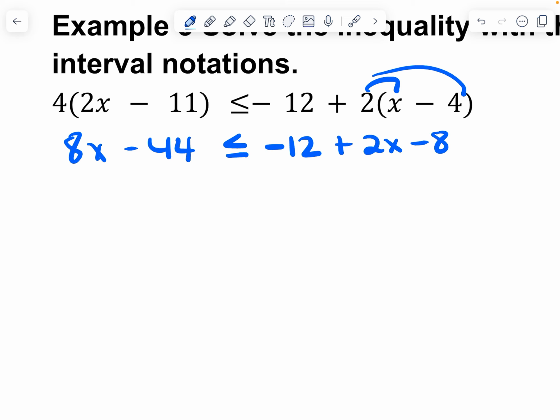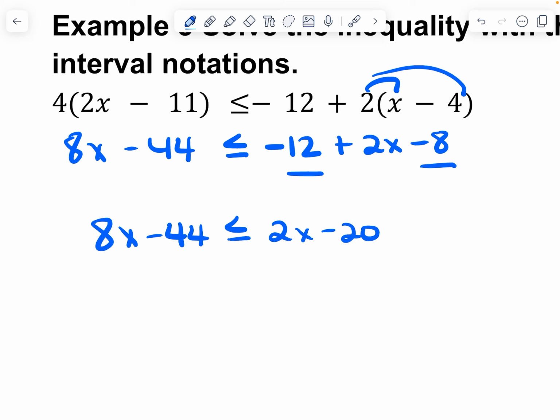I need to combine like terms. These are like terms. So nothing happens to the left side, I leave that alone. I would get 2x minus 20. I want the variables on the left-hand side, so I'm going to subtract 2x from both sides. I'm going to get 6x minus 44 less than or equal to negative 20.